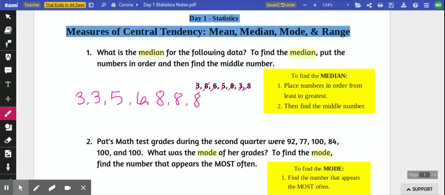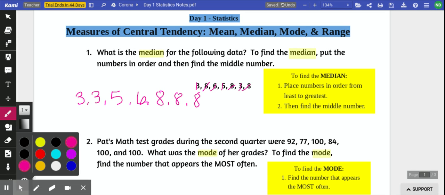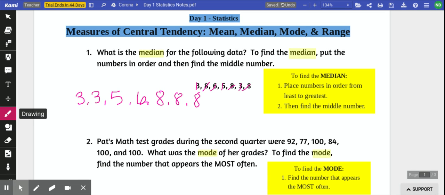Now, we have to figure out what is our middle number. What is the number that comes dead smack in the center of this list? So what we're going to do is simply cross out a number on one side and a number on the other side. I'm going to cross out the same numbers on both sides. So I'm going to cross out one more and another, one more and another.